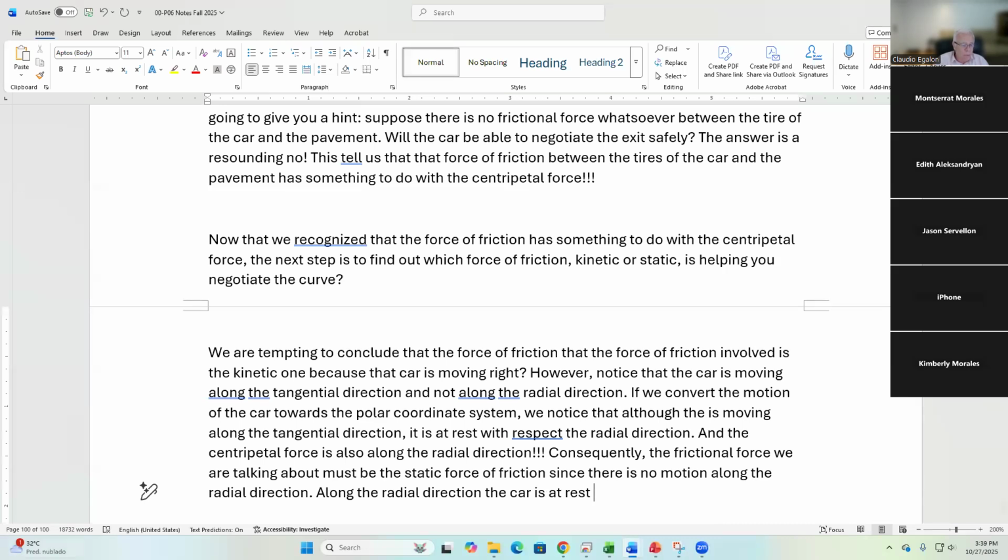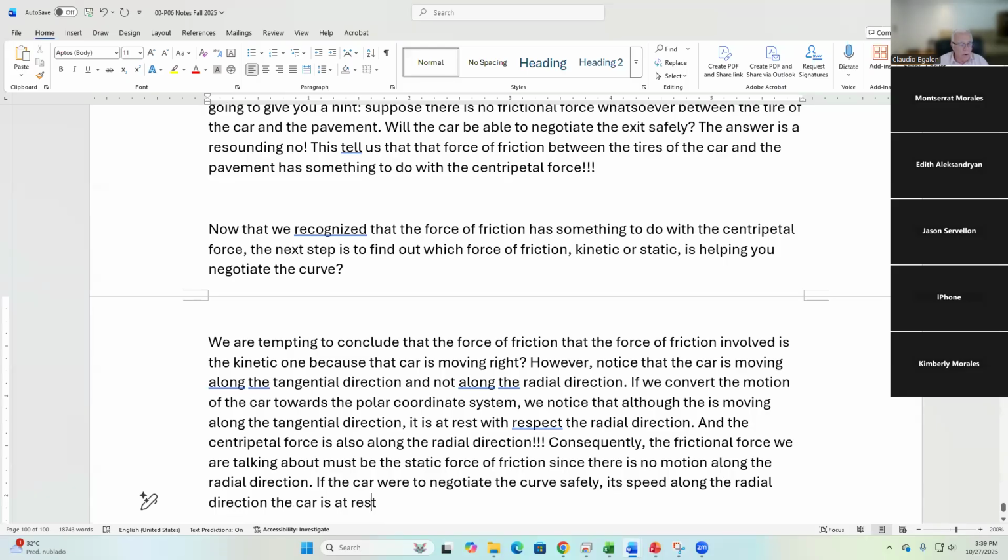If the car were to negotiate the curve safely, its speed along the radial direction must be 0.